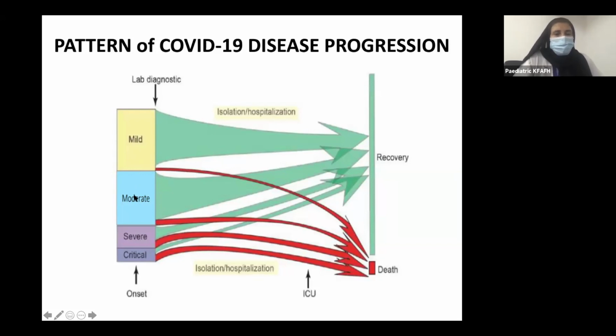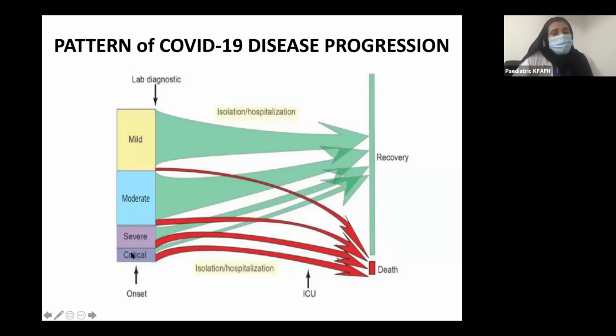And this is A, B, C, and D. Most of the mild and moderate cases end with recovery without passing through the ICU. But still, there is a small percent of them that, unfortunately, go into the ICU, and a small percent that die.